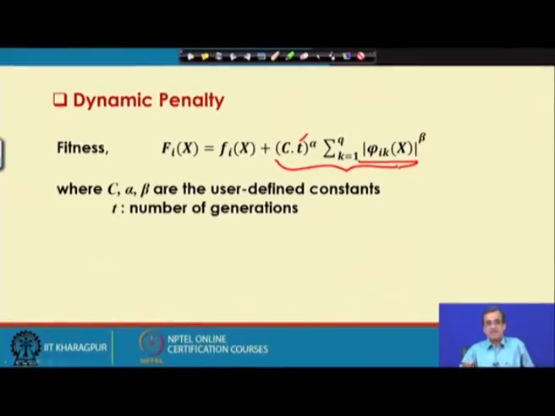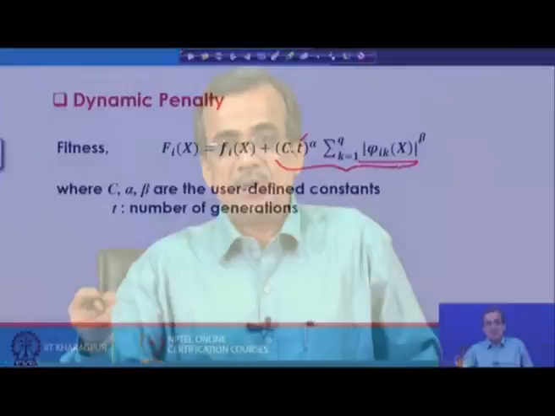The numerical value of this penalty term is going to increase. It means that at the beginning we put less penalty if there is a violation, but with the number of iterations the amount of penalty that we put is increased.